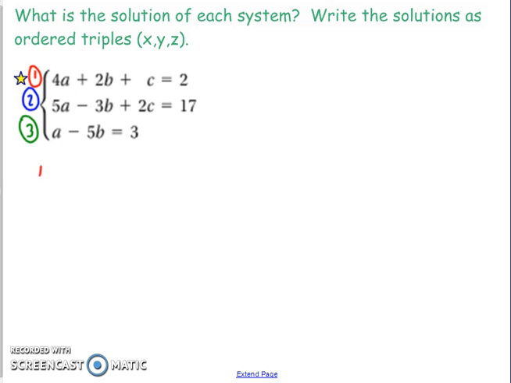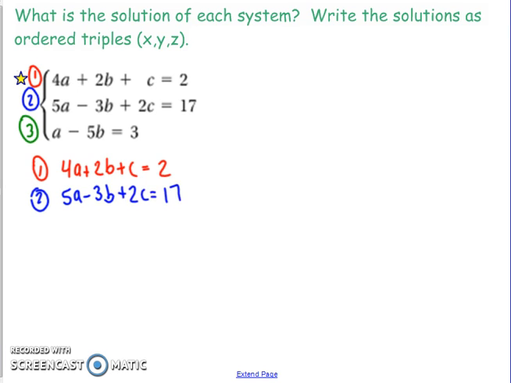So let's keep practicing with elimination. So let's use 1 and 2. So 4a plus 2b plus c equals 2. And then equation 2, we have 5a minus 3b plus 2c equals 17. So I want my c's to cancel out. So I'm going to multiply the first equation by a negative 2 in order to make that a negative 2c.